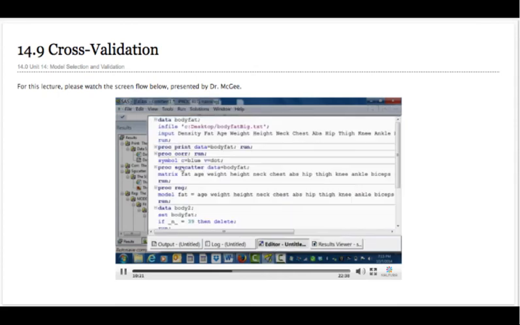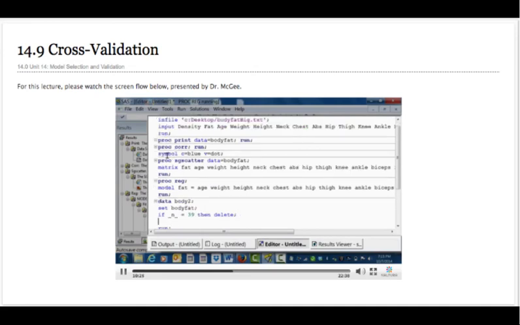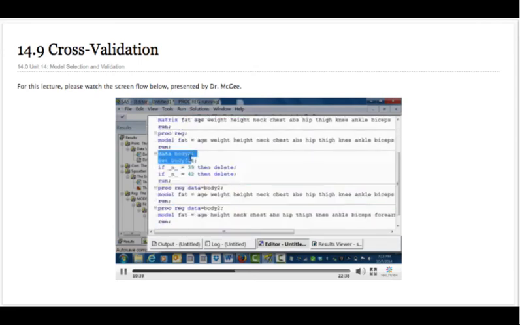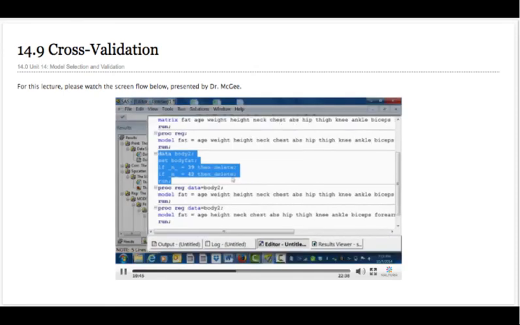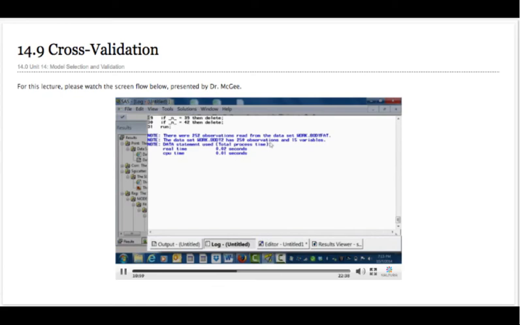So what I'm going to do actually is go back to the original body 2 and just change it just a little bit. So 39 had a rather high weight. 42 has a very small height. And then I'm going to just delete those two observations. Again, in the case of 42, I feel very good about deleting that one because it is a rather different height for an adult male.